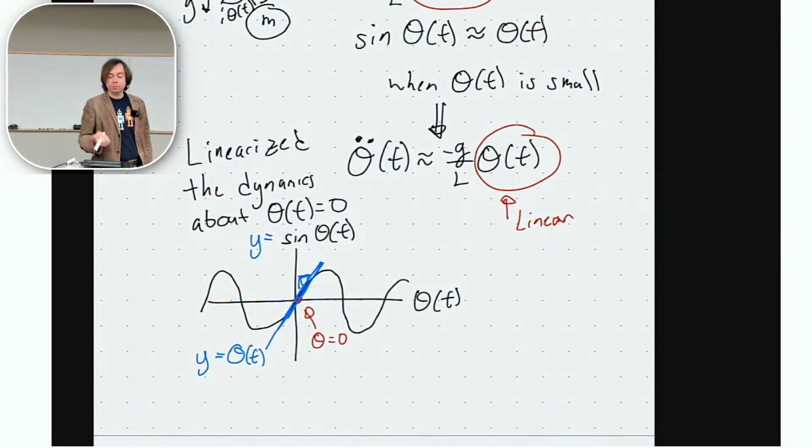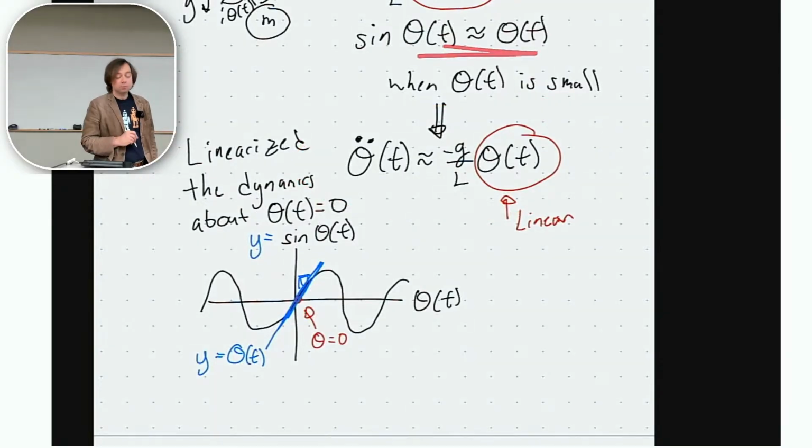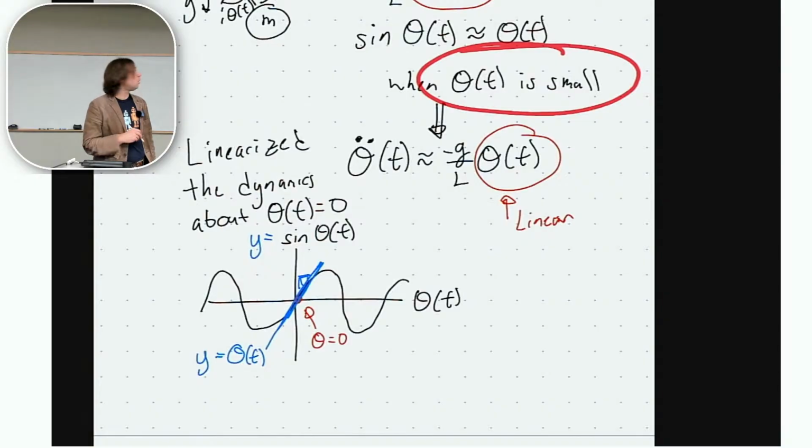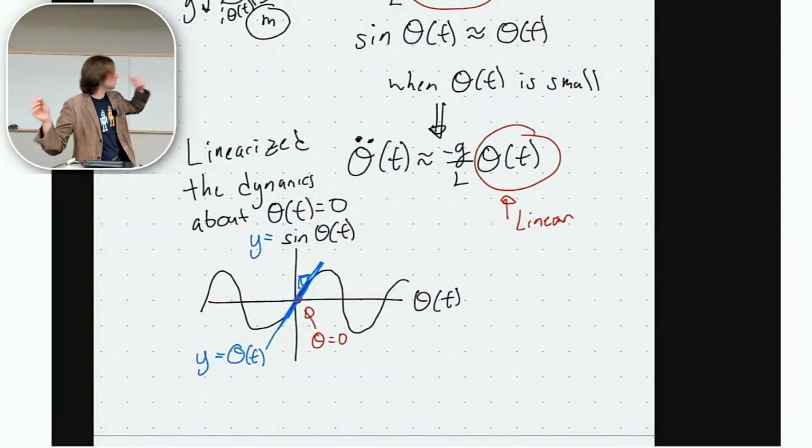So just to put a fine point on it, if you linearize about a particular angle where theta of t is small, the further you get away from it, the worse the approximation gets.